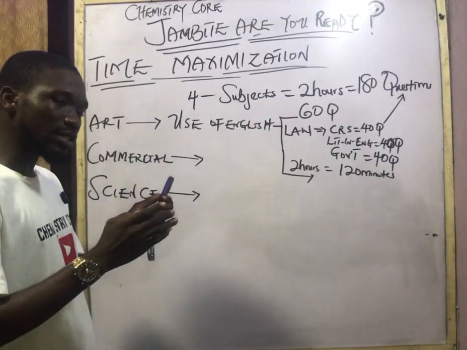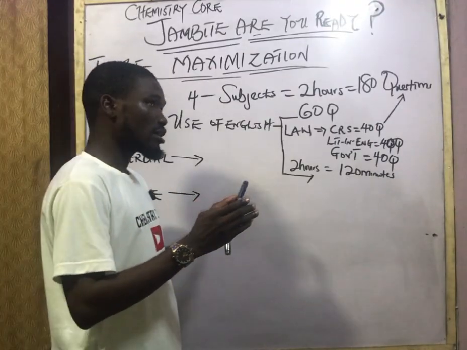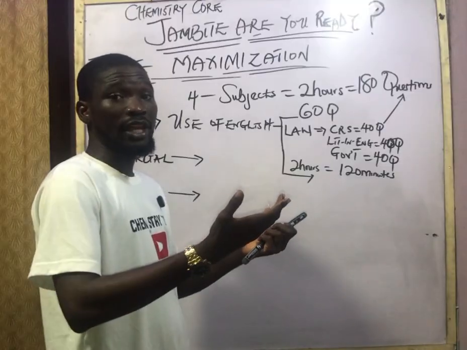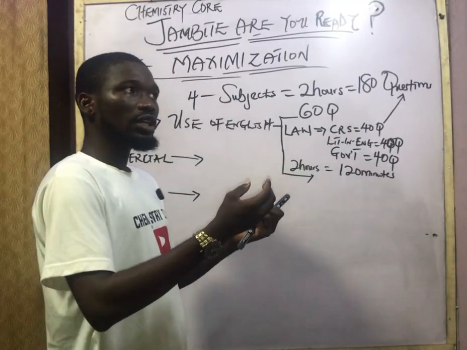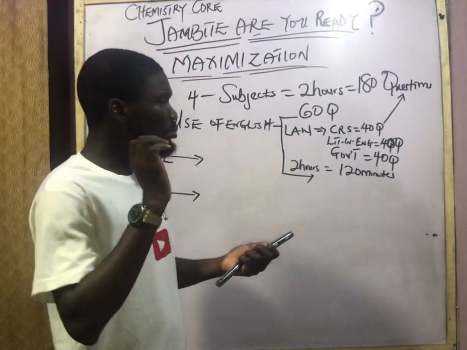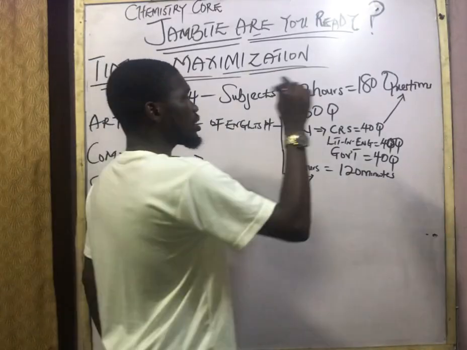In some cases, I will tell my students you can decide to pick the minutes you want to spend on each question, as much as you know your strengths and your weaknesses. But that is not the case.